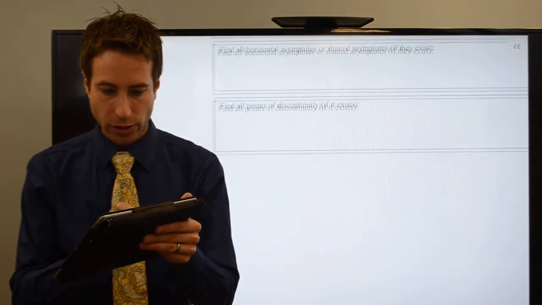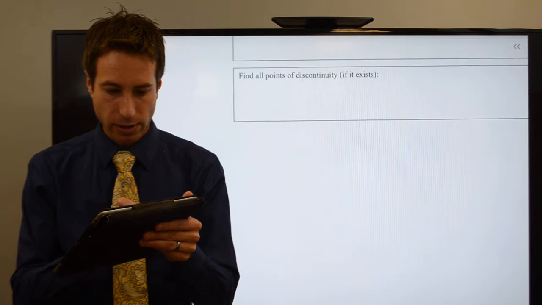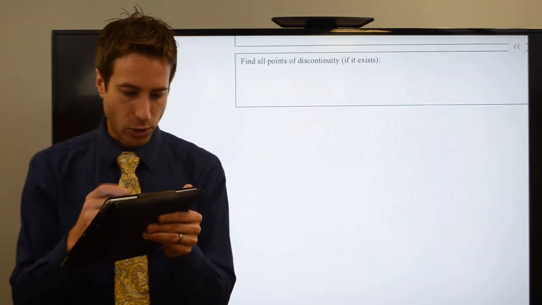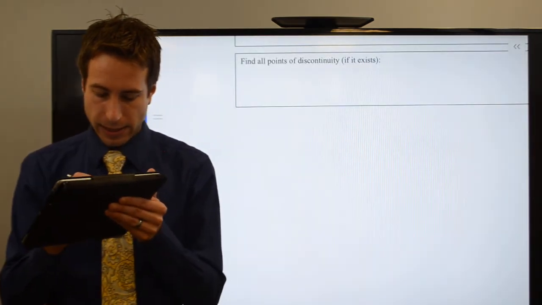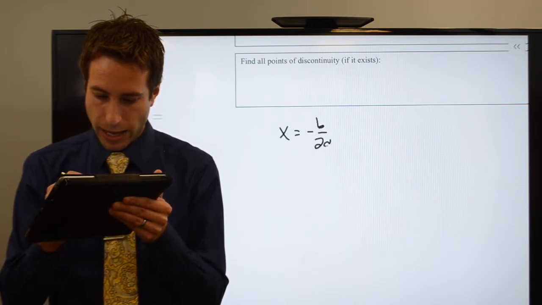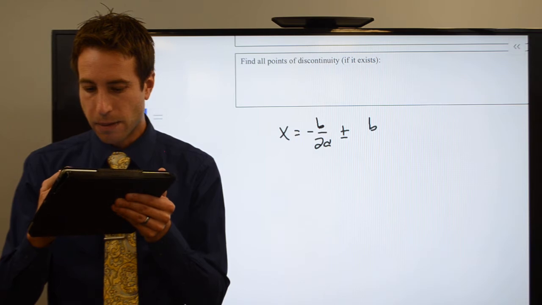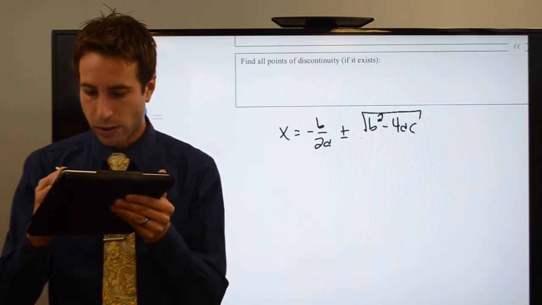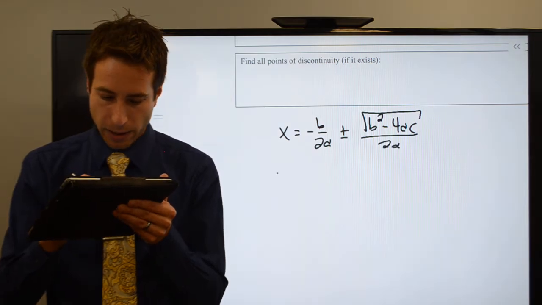So that's what we're going to do. We're going to do the quadratic formula. Let's do that right over here. All right, so the quadratic formula is x equals -b over 2a plus or minus the square root of b squared minus 4ac, all over 2a. Plug and chug.